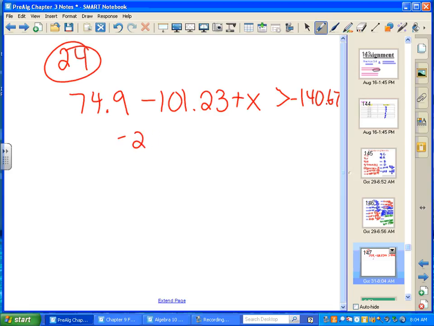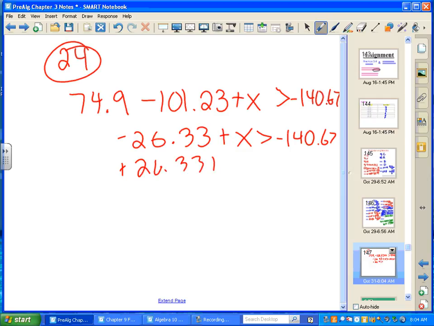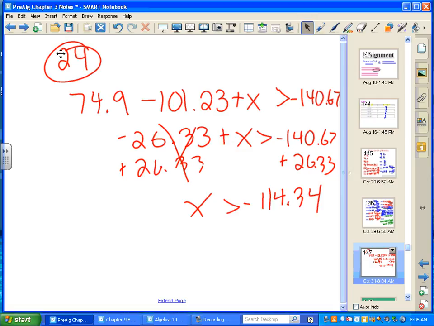We get negative 26.33 plus x greater than negative 140.67. And then we need to add 26.33 to both sides. Okay. And then you end up with x is greater than negative 114.34. Decimals are kind of annoying, especially those ones. They don't end up being a nice answer.